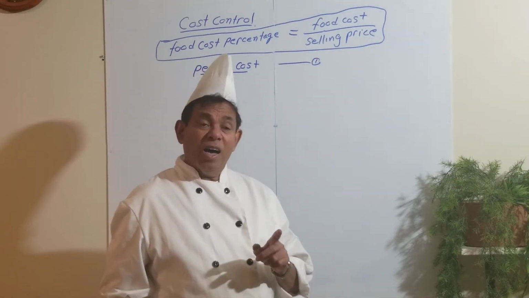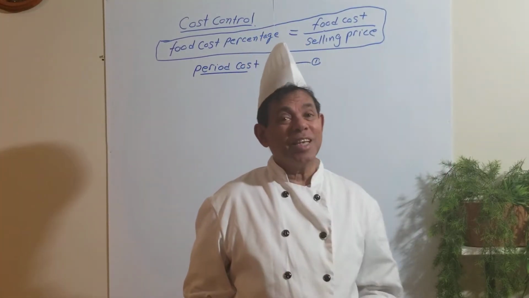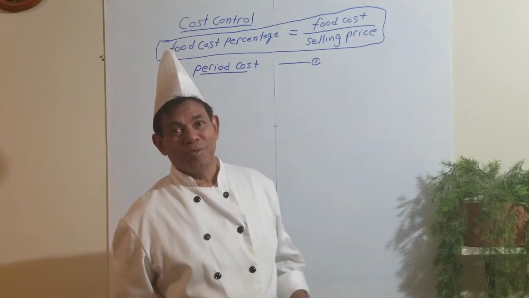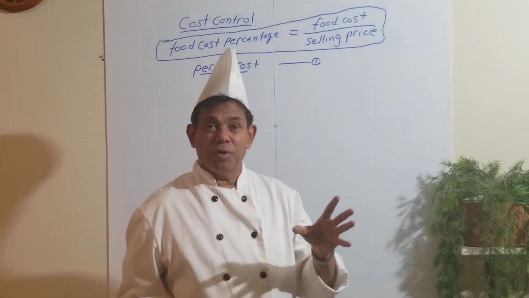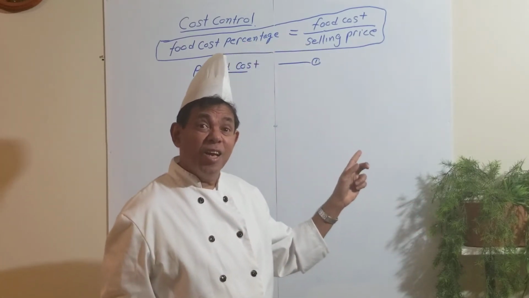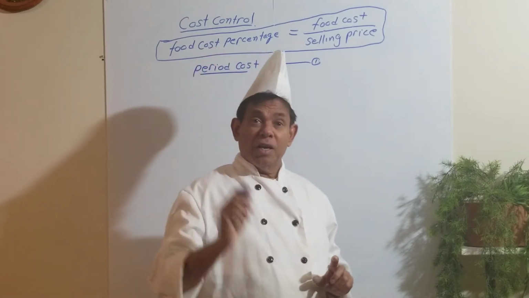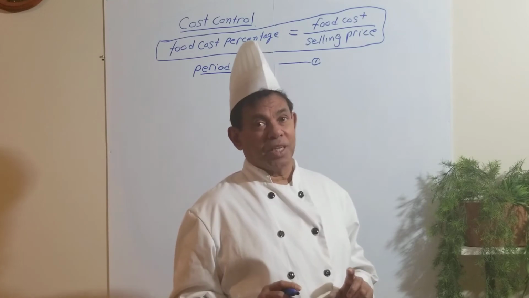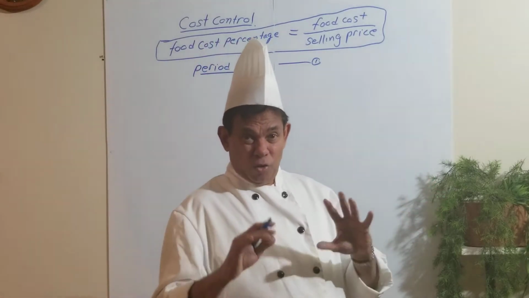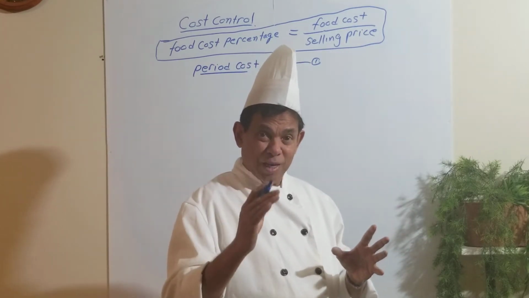If somebody asks, what is your kitchen food cost percentage, that person is asking about the period cost. We need that for future calculation of other costs of the kitchen. It is very simple, not complicated, and you will understand as I explain little by little.